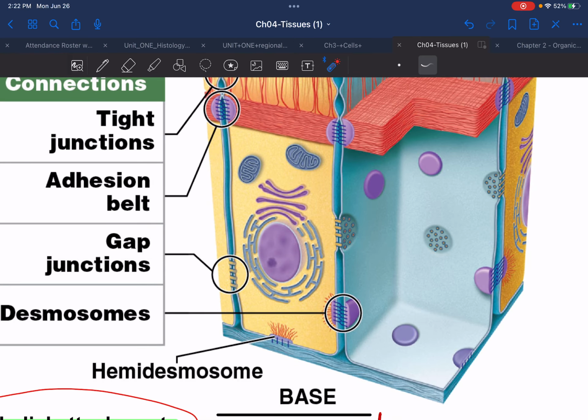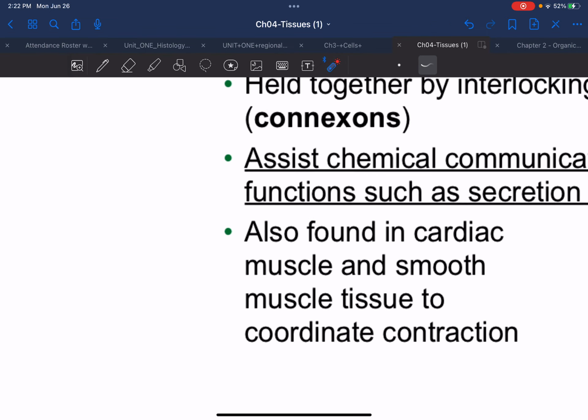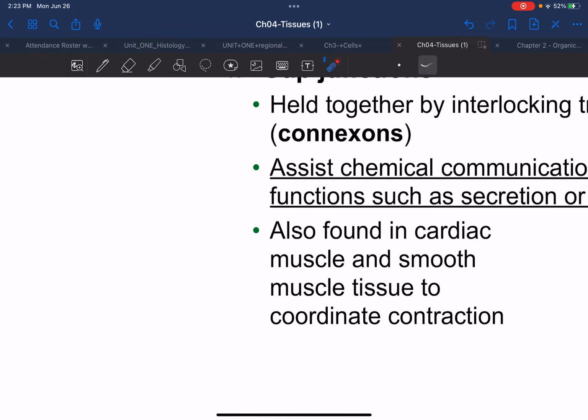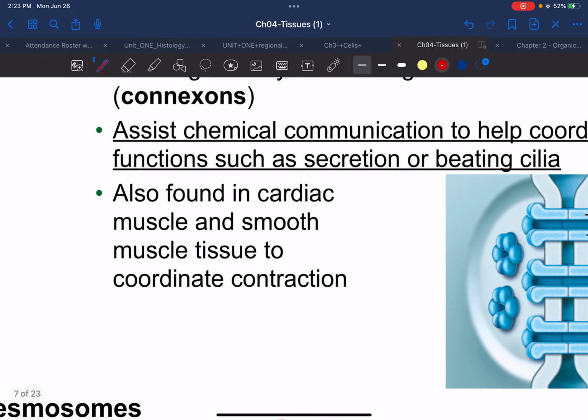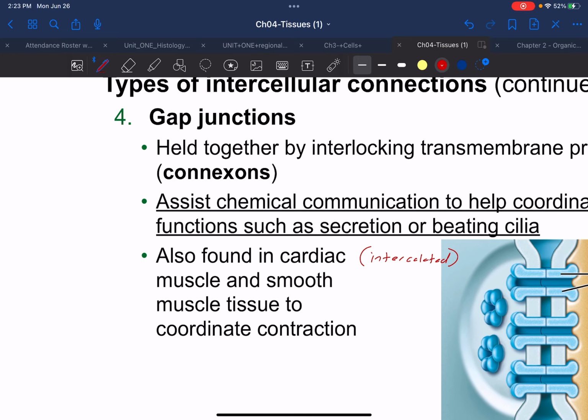The reason that I say you've already learned it, and you may not even be aware of it, is that you saw these discs in cardiac muscle. What were they called? Intercalated discs. Those intercalated discs, those large little bands that you were able to see, the reason you were able to see them is because they're actually gap junctions between one cell and the next cell.